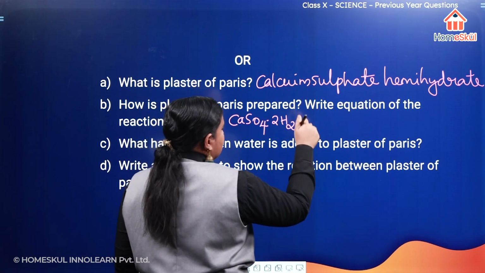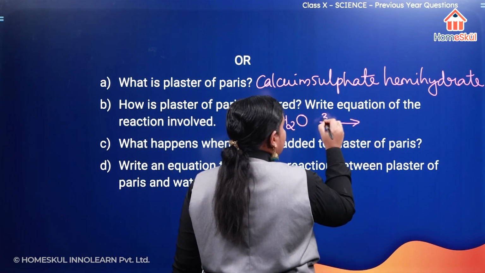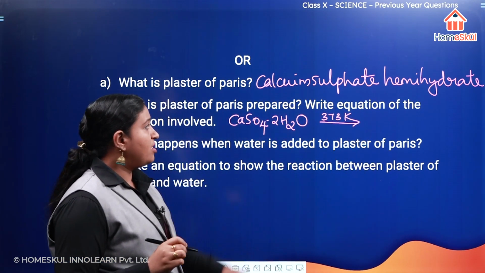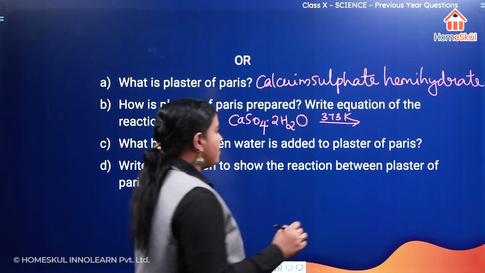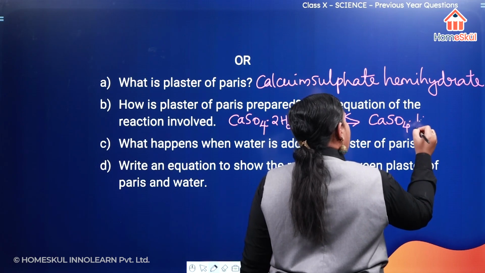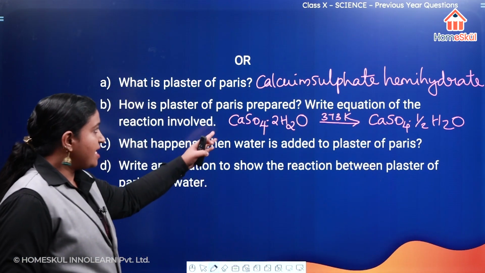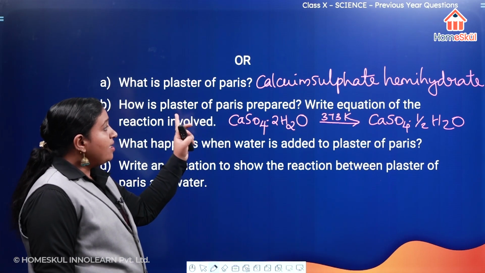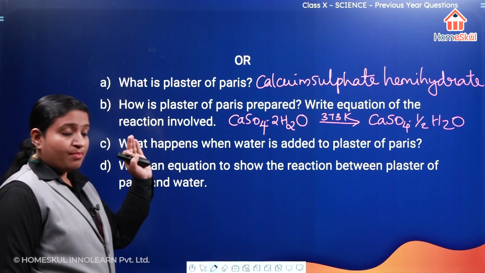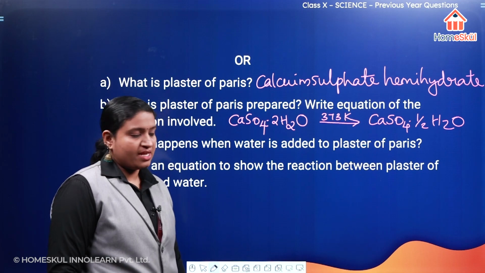Isn't it? CaSO4.2H2O. When it is heated at 373 Kelvin, this gypsum gets converted into plaster of Paris. That is CaSO4.half H2O. Okay, so this is the equation showing the preparation of plaster of Paris. In words, how should you write the answer? By heating gypsum at 373 Kelvin, we will get plaster of Paris.